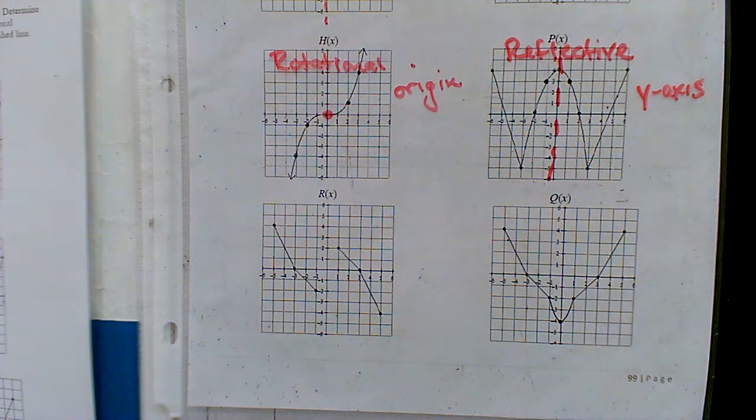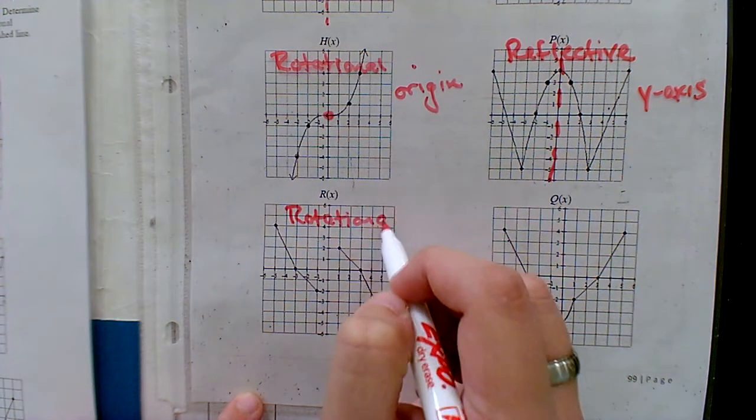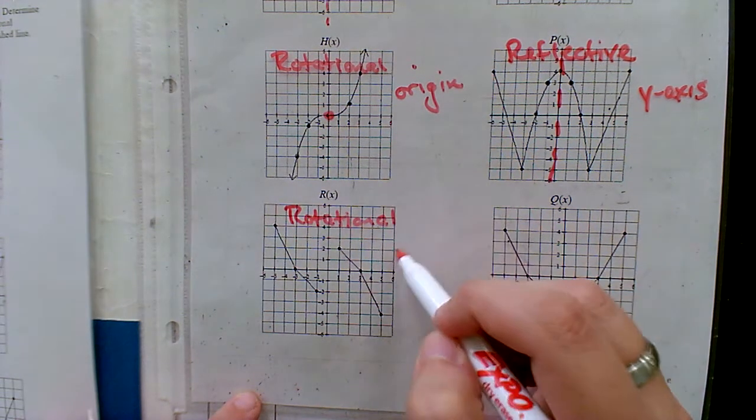Rotate it or fold it? Yeah. Rotational. That's a rotational. Yep. Sometimes you have to actually flip it to see it. Some of them are easier to see than others.